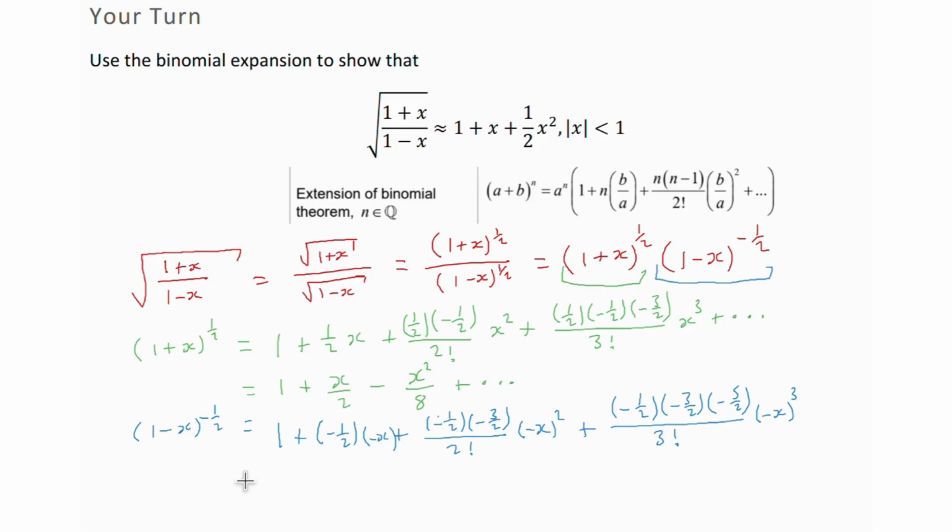Again, we're only interested in the first 3 terms, so it's 1, plus x over 2, and this one's also going to be plus 3x squared over 8.